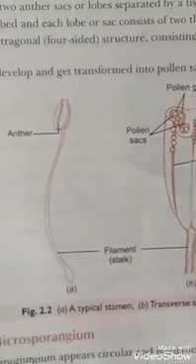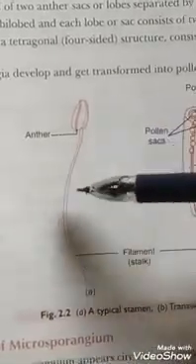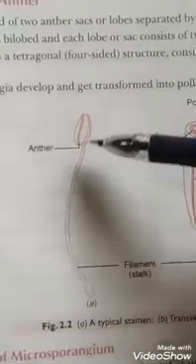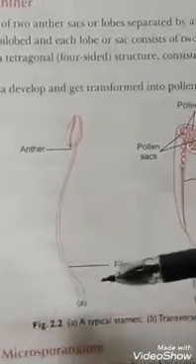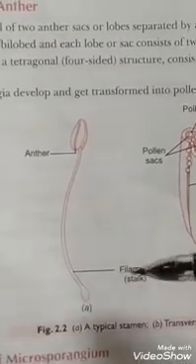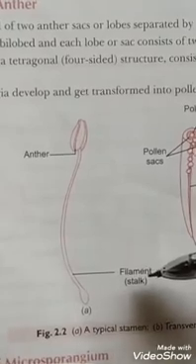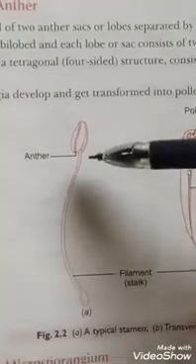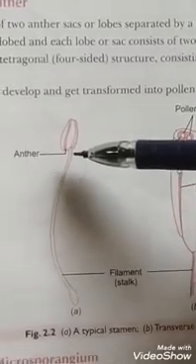You also know stamen is the male reproductive part of the flower, and it has two main parts. Long stalk, that is known as filament, and upper box-like structure, it is known as the anther.